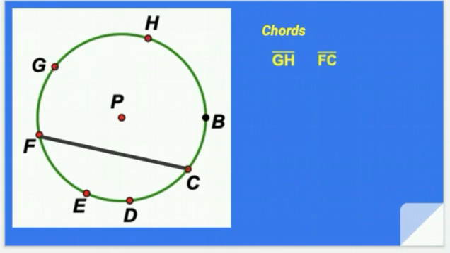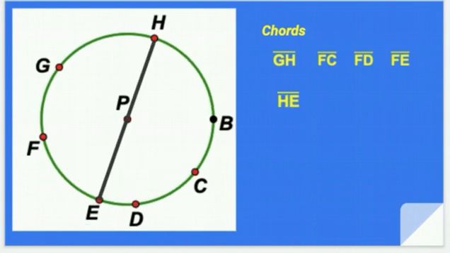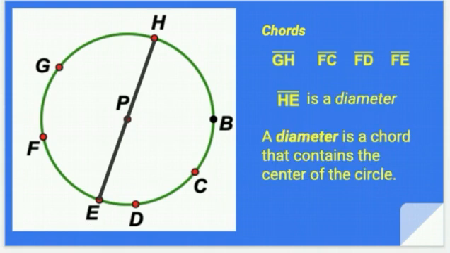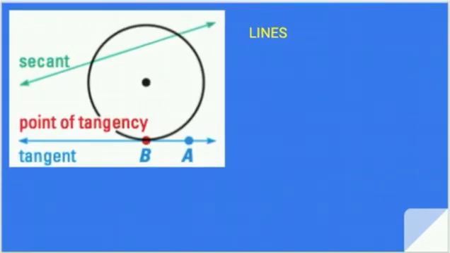So GH is a chord, FC is a chord, segment FD is a chord, and so is segment FE. They're all chords. Segment HE is a chord, but it's not the best name to use for this segment because it goes through the center of the circle. So we call that a diameter. A diameter is a chord, but it's a special kind of chord that goes through the center of the circle.